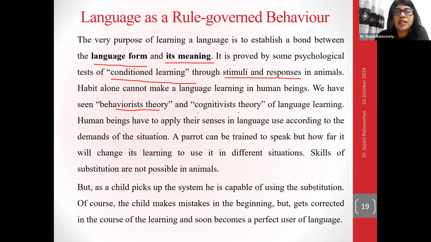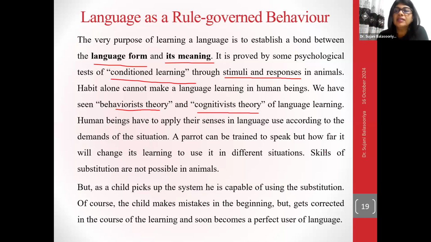The other aspect is cognitivist theory. Now you know about cognitivist theory, that is cognitivism. There we talk about the functions in the brain, the thinking capacity, the intelligence of human beings.